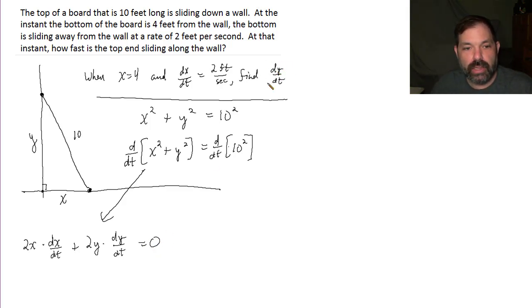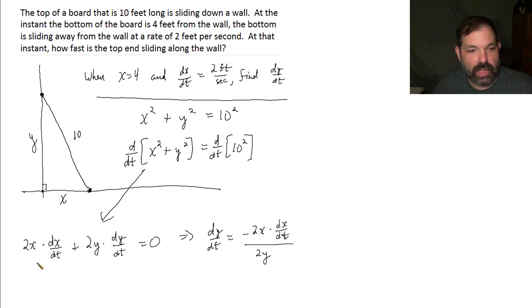Now we're asked to find dy/dt. I'm going to solve this for dy/dt. So dy/dt is negative 2x times dx/dt, divided by 2y.